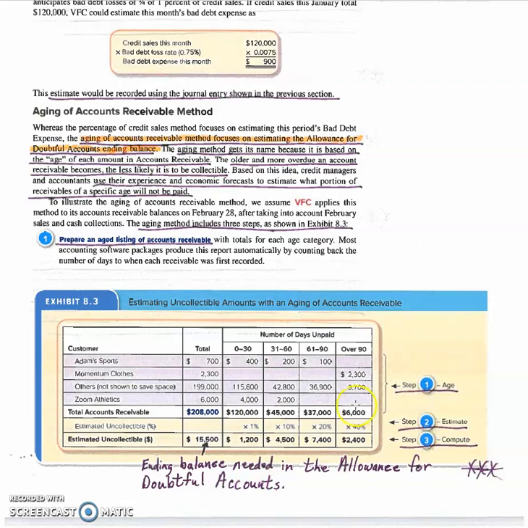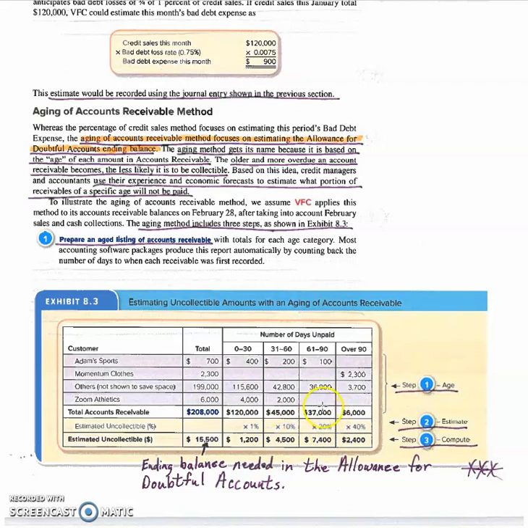So then for each age category, we have a percentage. Those that are current, we estimate 1% of those will be uncollectible. For those that are basically a month past due or into their second month, that are 31 to 60 days old, we estimate 10% of those will be uncollectible. So we multiply that balance times 10%.